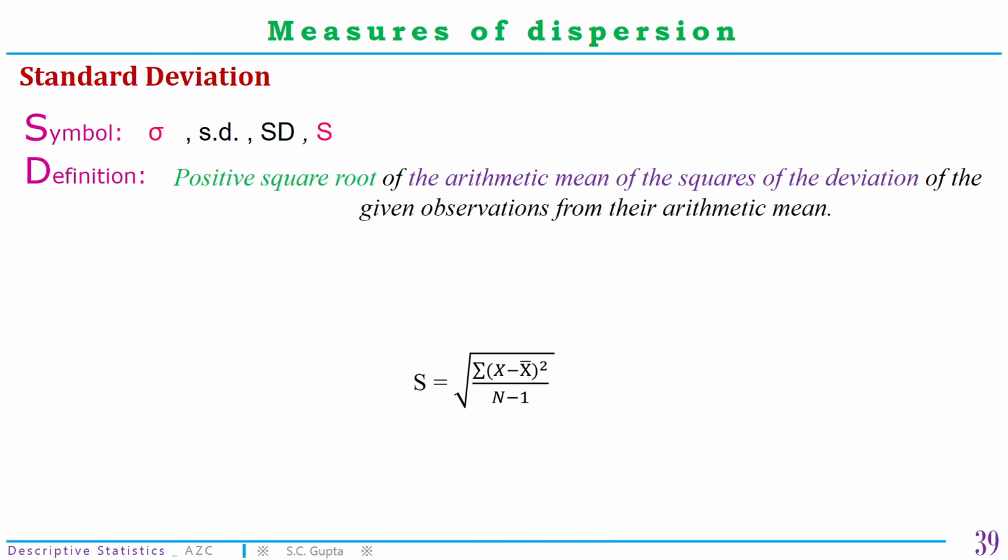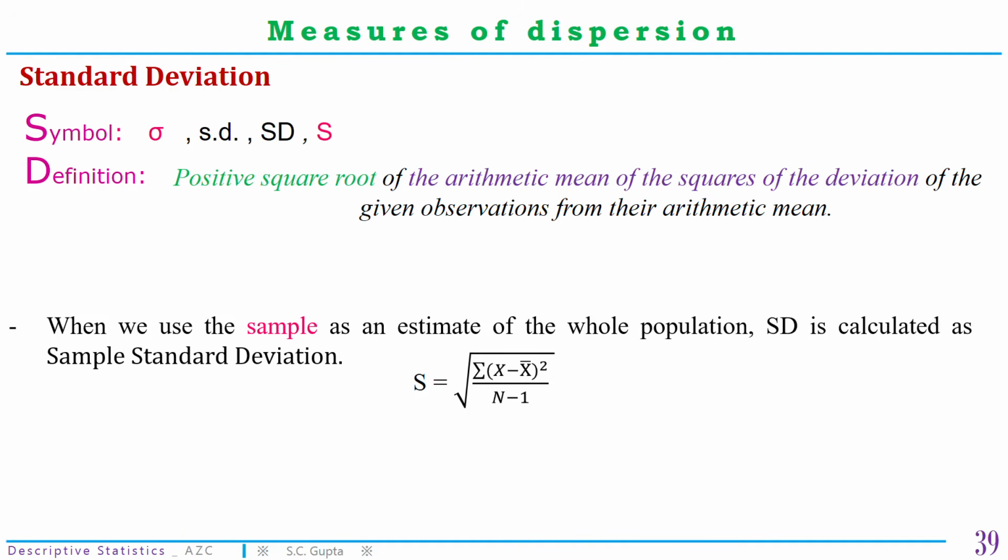Standard deviation. The symbols of standard deviation are sigma, SD, or capital S. Standard deviation is defined as the positive square root of the arithmetic mean of the squares of the deviation of the given observations from their arithmetic mean.